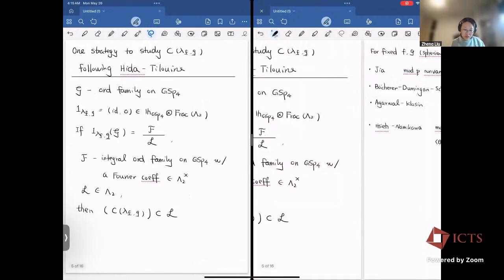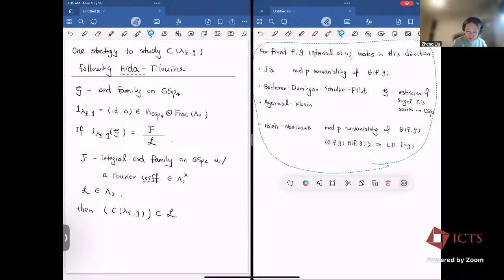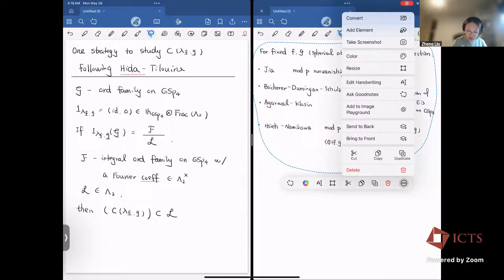Previously there was some work where, instead of considering families, they consider some fixed f and g and try to do this congruence.